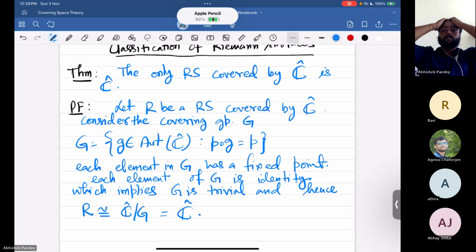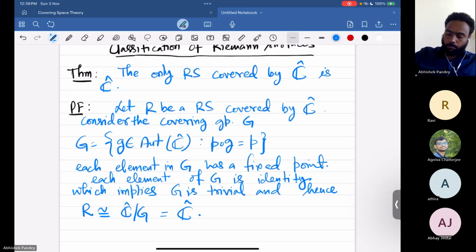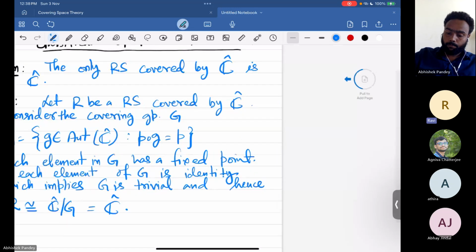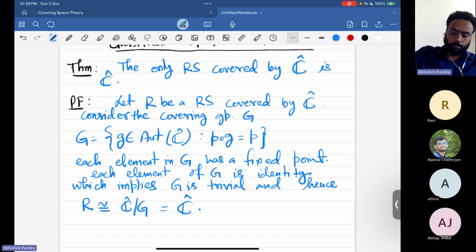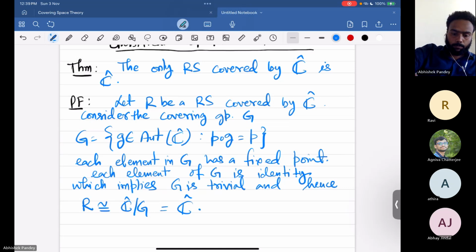Exactly, and since the covering group cannot have fixed points, it has to be the identity only. But an automorphism of C is az plus b, which may not have a fixed point.